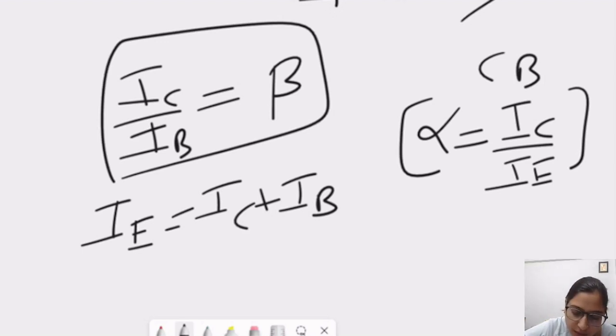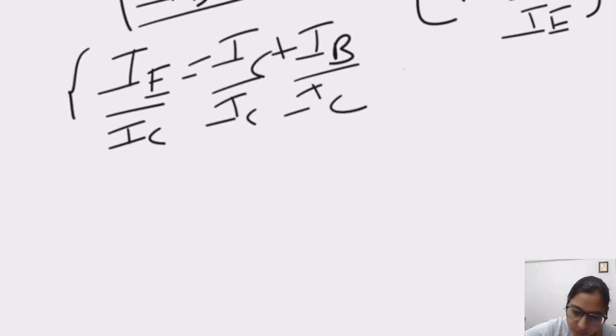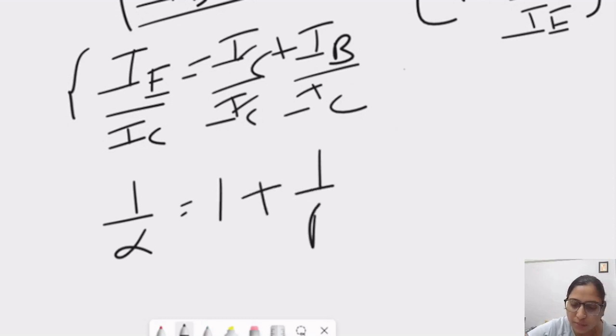So this is our basic current equation. If we divide it by IC, what will happen? We can see that IE upon IC is 1 upon alpha. Now IC will cancel out, so this is 1, and IB upon IC is 1 upon beta.